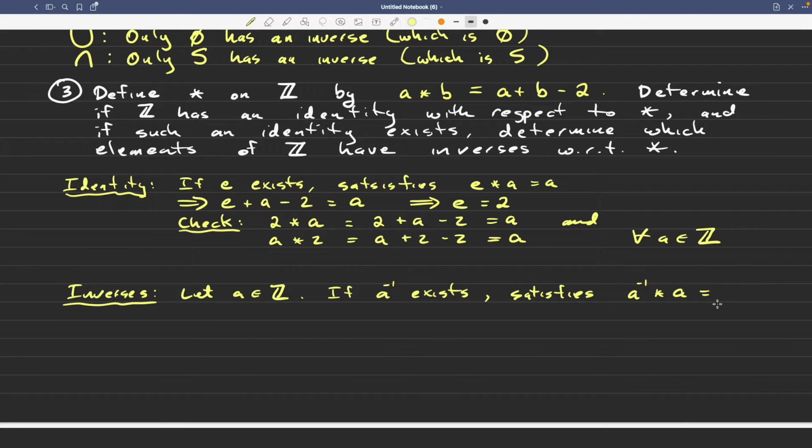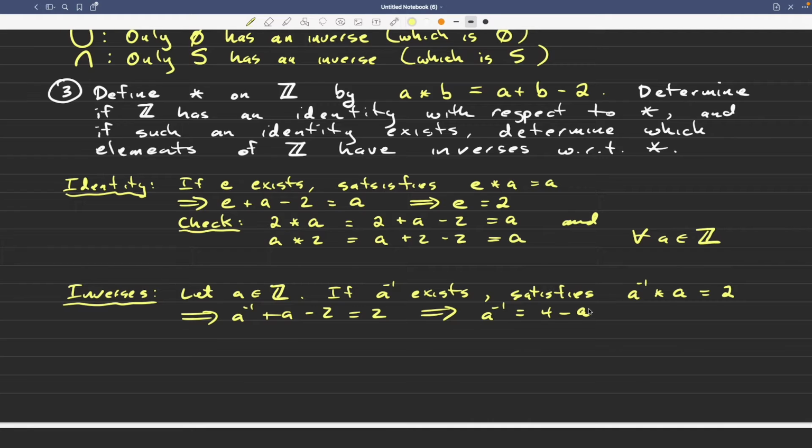So we know it satisfies A inverse star A equals the identity, which we know is 2. We just figured out that the identity had to be 2 a minute ago, right? Well, that's an equation that we can manipulate. So this is A inverse plus A minus 2 has to equal 2. So I can solve for A inverse, and A inverse would have to be 4 minus A.